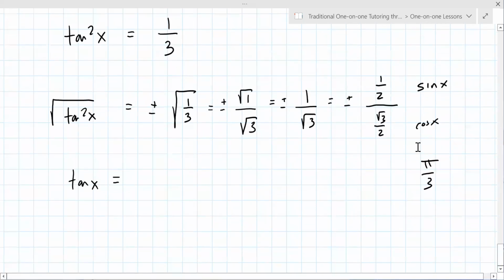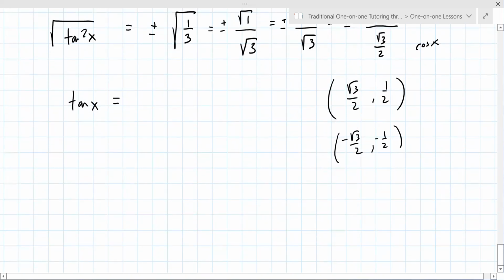All right, so it's √3/2, 1/2. Yeah, it's y over x, and then both negative. Okay, and then one's positive and one's negative, and then the other's negative and the other's positive. Okay, this will do better. It should.